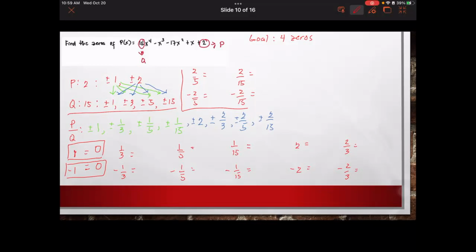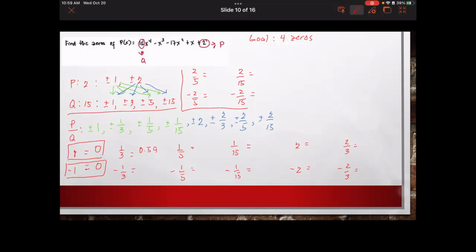Do you have your answer kapag 1/3? Yes, Poblete. 0.59 po. 0.59. Or sa ibang calculator, that is 16 over 27.